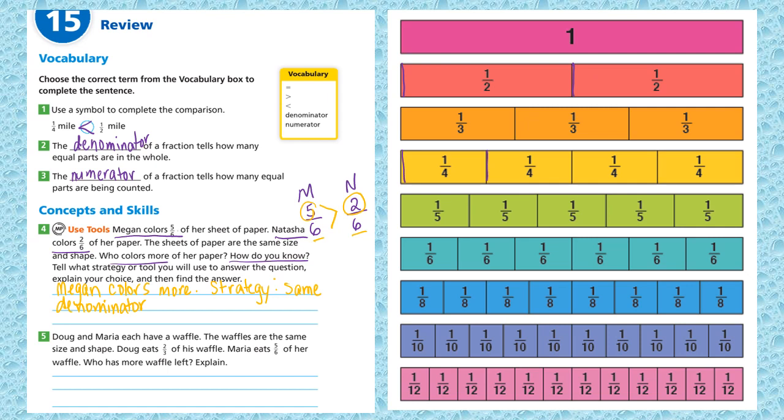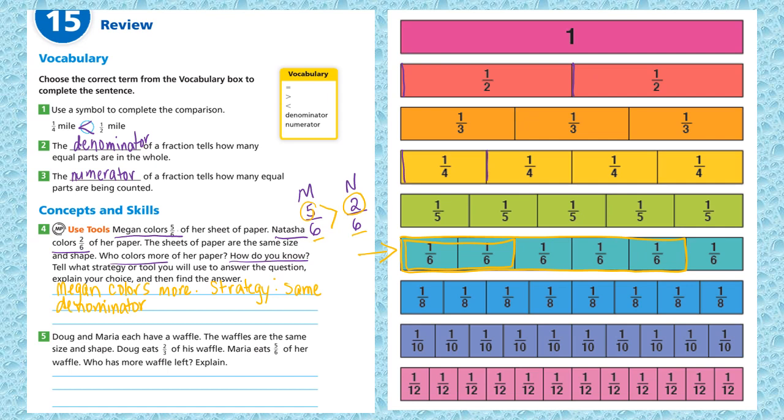Which fraction bar am I going to use for 5/6 and 2/6? Well, I'm going to look for my fraction bar that has a 6 in the denominator or is counting by sixths. And I can compare 5/6 and I can also compare 2/6. I know that 5/6 is greater than 2/6.